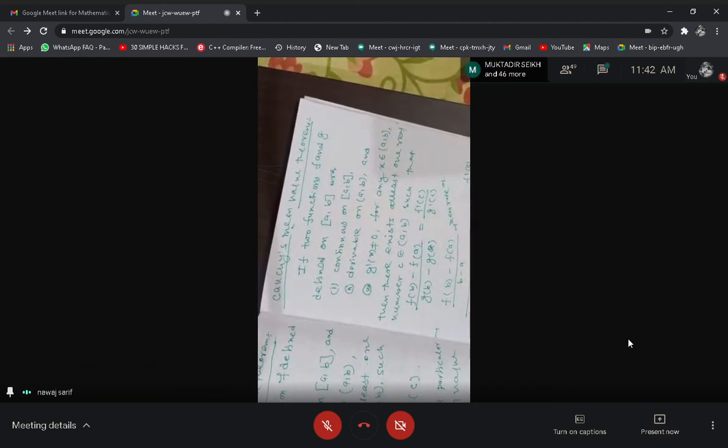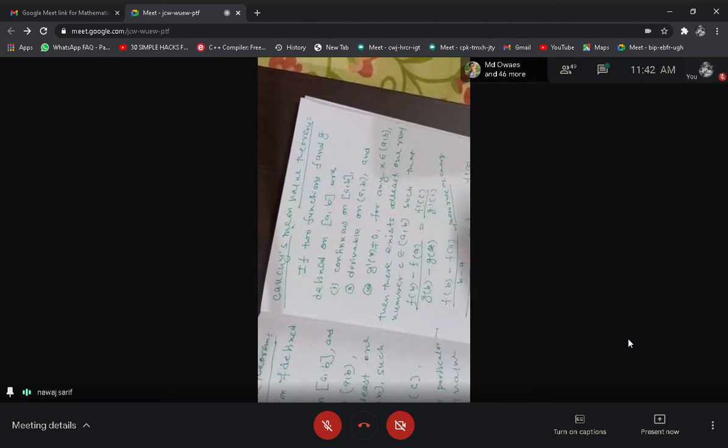We are trying to find some mean value, so that's why this is a mean rate of change of that function. But f dash c and g dash c are actual rates of change.